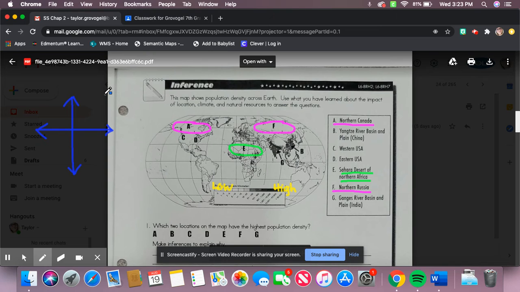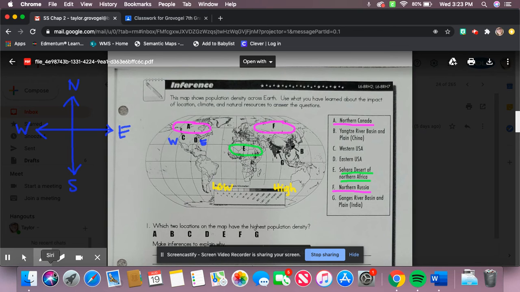I like to say Norman eats soggy waffles. And you go clockwise when you're labeling it. So we have north, east, south, and west. So D is going to be east, and C is going to be west.